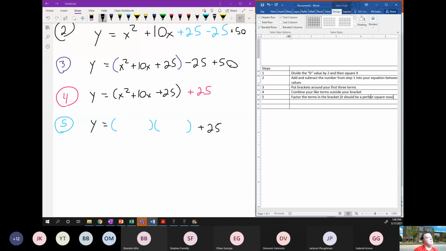So what's my factors for this one here? What's my factors for this right here? Good, 5 and 5. Now, I would like you to also bring it down to something that looks like this.